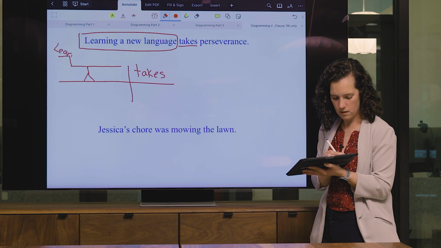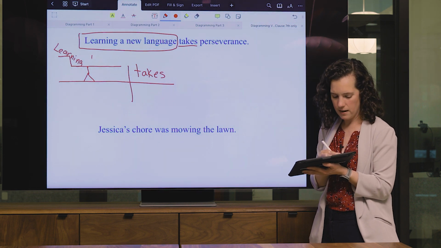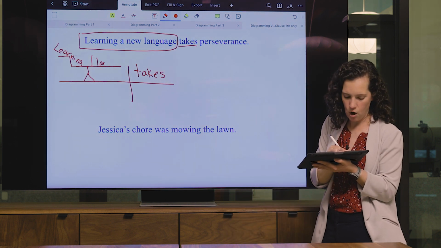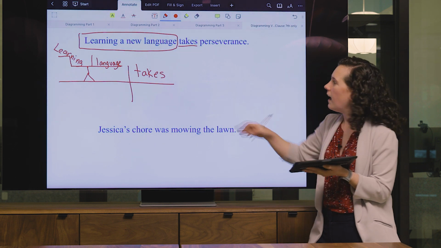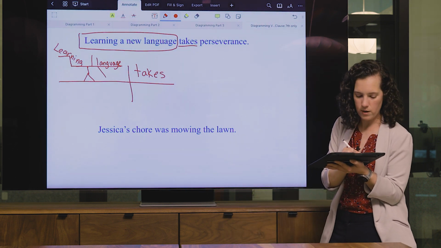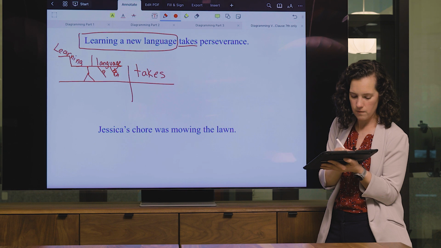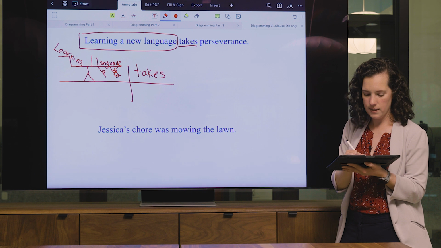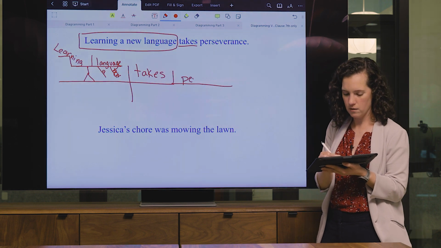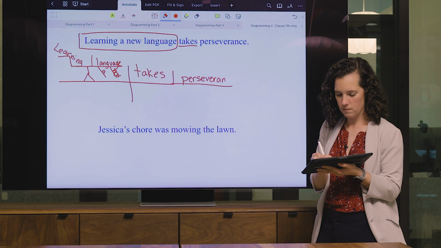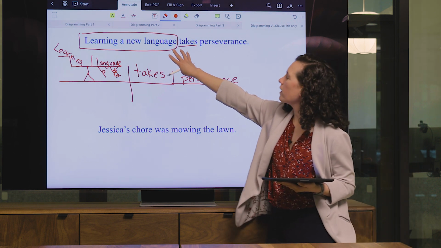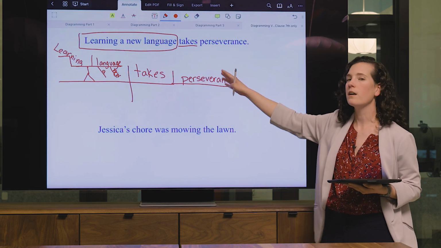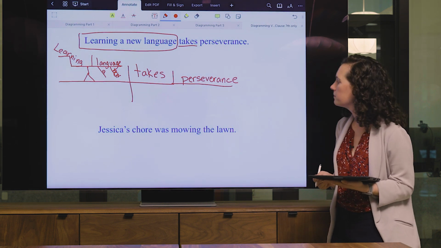Learning, and then our object. Learning what? Learning a language. Language is the object. And then a and new describe the language. And then perseverance is our direct object. It takes what? It takes perseverance. So you can see how it could just say learning takes perseverance, but to give more information, we have an object. Learning a language takes perseverance.